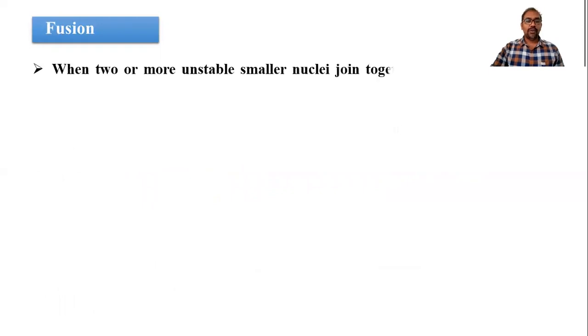Now, nuclear fusion. When two or more unstable smaller nuclei join together to produce one stable nucleus and energy is released, the process is called nuclear fusion.